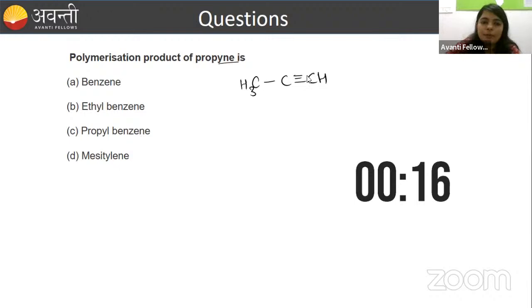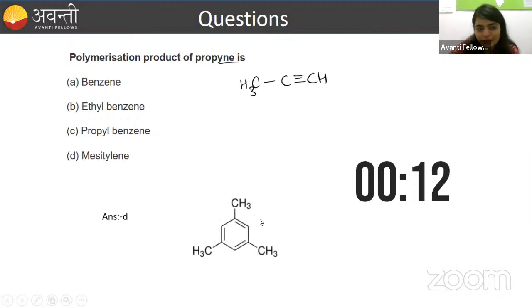So your propyne will polymerize here like this. We have already explained in the previous slides. Now look at the answer. You will end up with mesitylene. How will it form? It will form like this.